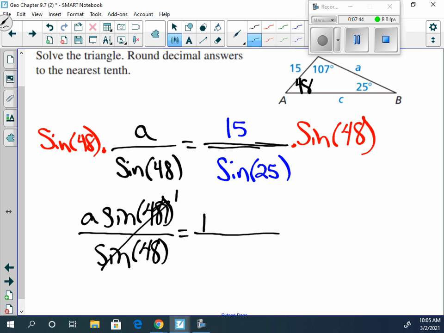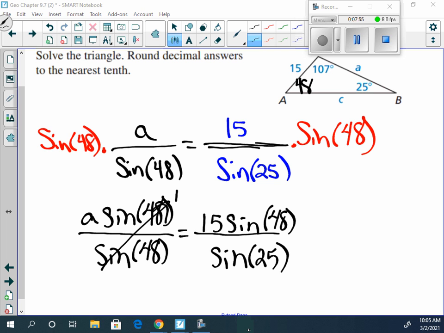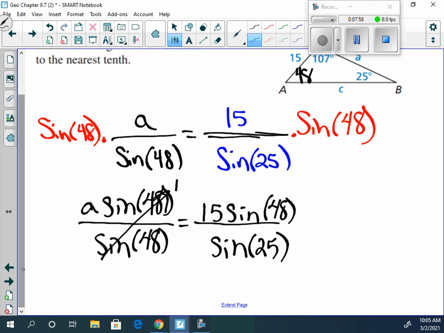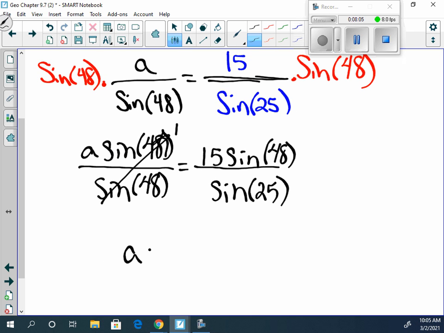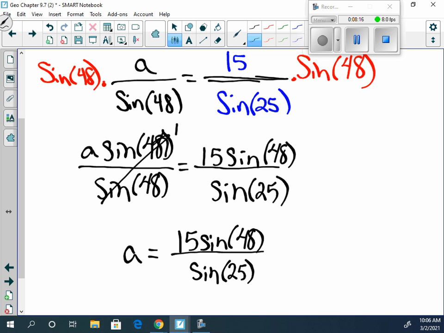Now over here we would have 15 times sine of 48 over sine of 25. Which really tells me A is equal to 15 sine of 48 over sine of 25.